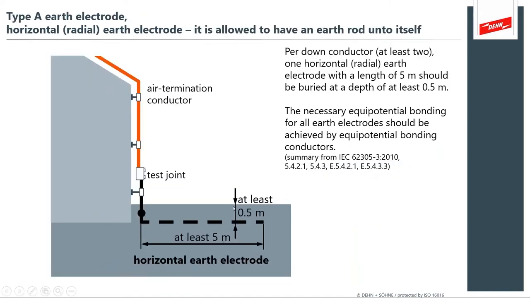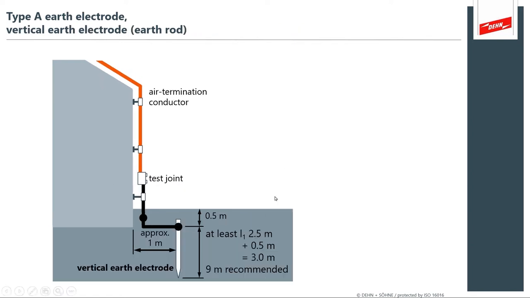So type A earthing electrodes, there's a lot of information available, and basically what we're trying to do is make sure that we've got a proper earthing connection into the soil that you can then come back and inspect at a test joint. Type A earth electrode with an earth rod needs to be buried at least 1/2 meter below the soil.